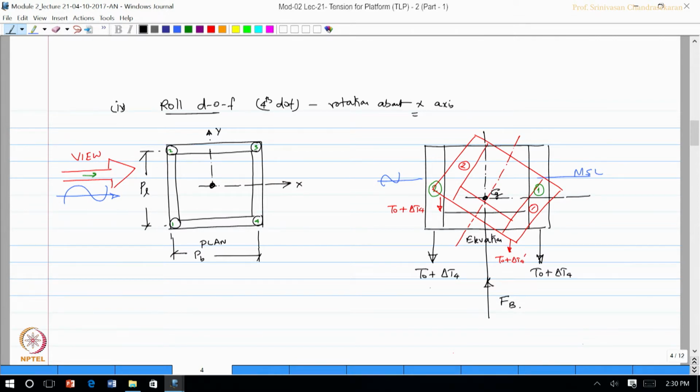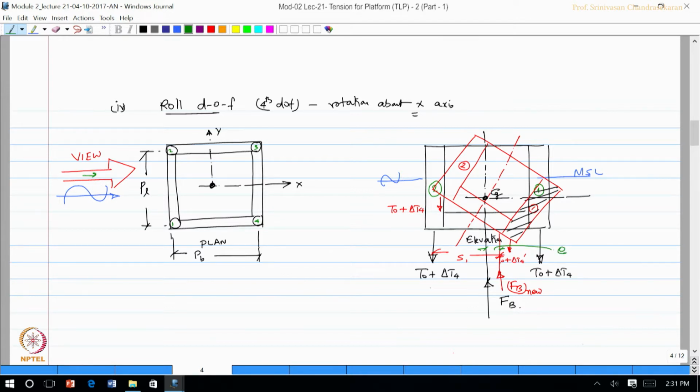Now, the buoyancy will be shifted because this column will be more submerged than column 2. Therefore, there is a shift in buoyancy. This is a new buoyancy force center. From that line of action, let this distance be S1 and let E be the eccentricity between the old and the new.